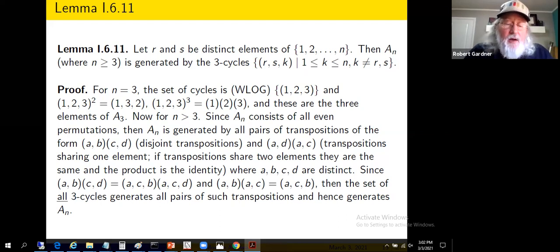So we're looking at what you could have for pairs of transpositions. You take 2 transpositions, either they're disjoint or they share a single element. If they share 2 elements, they're going to multiply together to give you the identity, and we don't need those. So the claim here is A sub n, consisting of all even permutations, is generated by the set of all pairs of transpositions of the form (A B)(C D), or (A D)(A C), of that form.